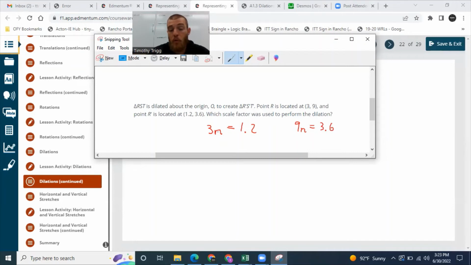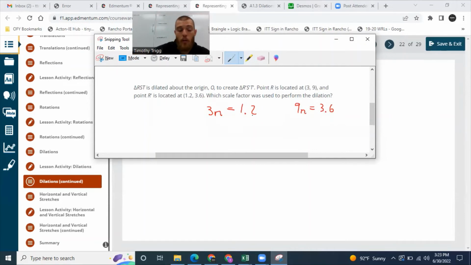So both these n's should be the same. Now, one thing to ask is, what's the value of n? Well, hopefully you remember from all the algebra we've done, I can divide by 3 on both sides of this equation to solve for n.